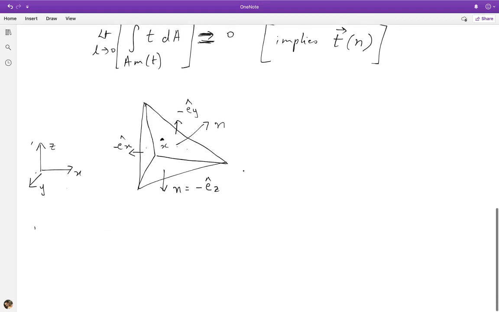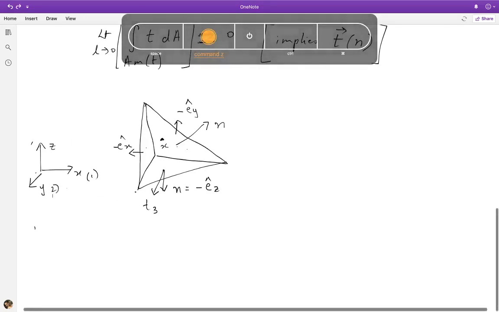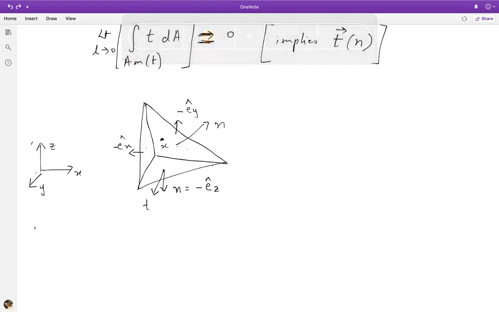So let me call the surface force T acting on this bottom plane T1, or sorry, T3. I'll use 1, 2 and 3 to represent XYZ, but since we are already committed to the Cartesian notation, let's just stick with that.